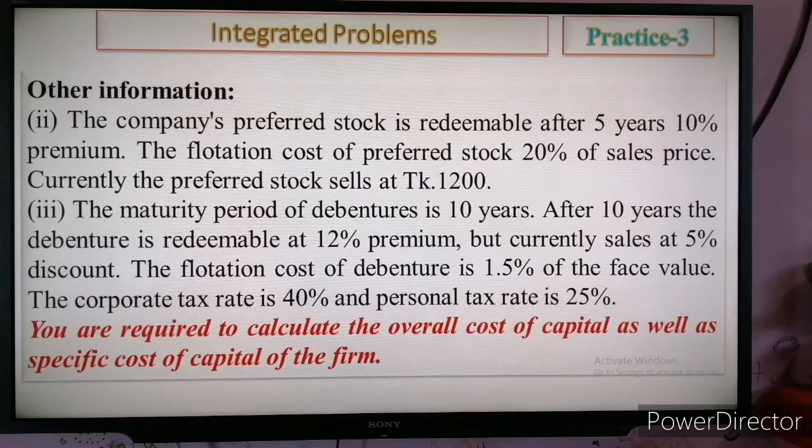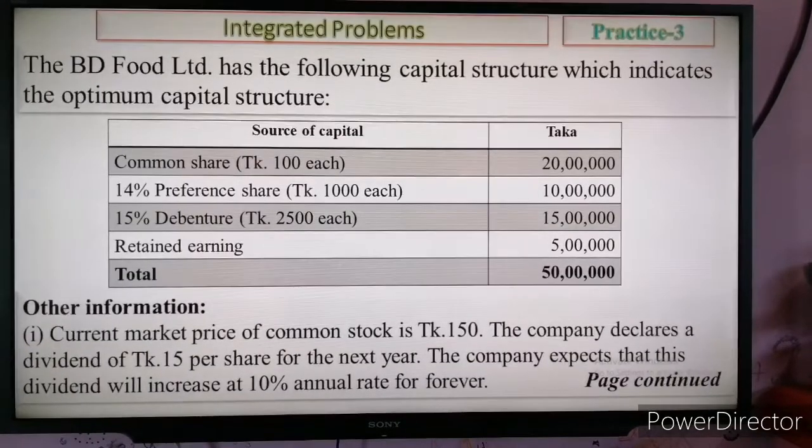So we have a specific formula, and we have FB equal to 1000. Look back at the structure: second line, 14% preference share, taka 100, is 10 lakh. Here FB of preferred stock is taka 1000 and DP will be 140, because 1000 multiplied by 14%.